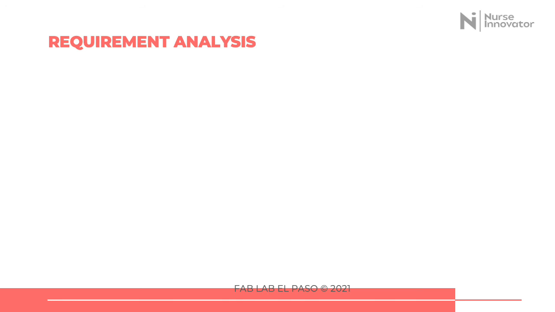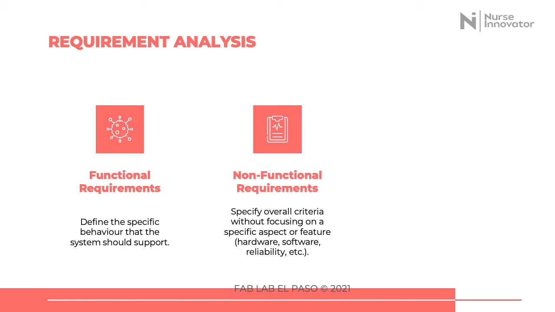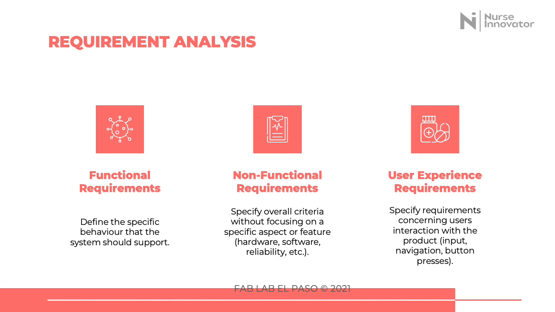Roughly, this process can be broken down into functional requirements, non-functional requirements, and user experience requirements. Functional requirements define the specific behavior that the system or product should support or facilitate. Non-functional requirements specify overall criteria without focusing on a specific aspect or feature.